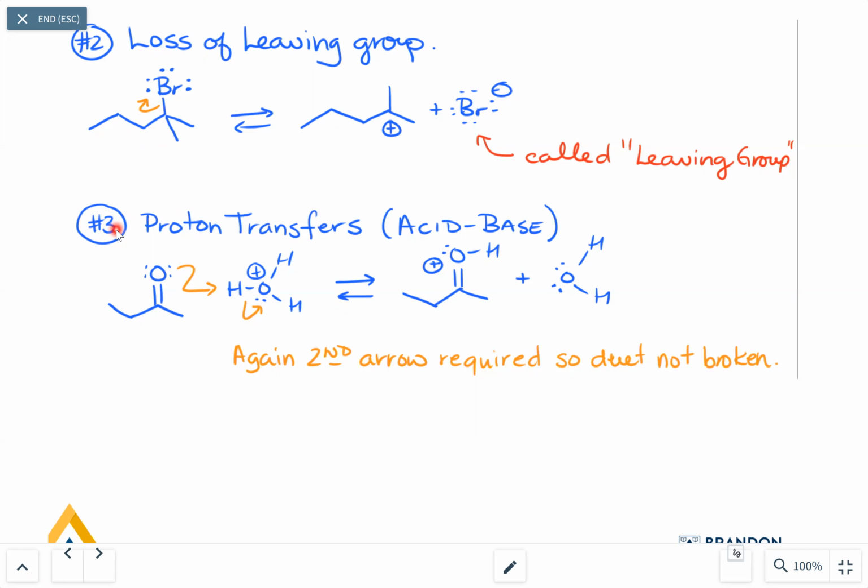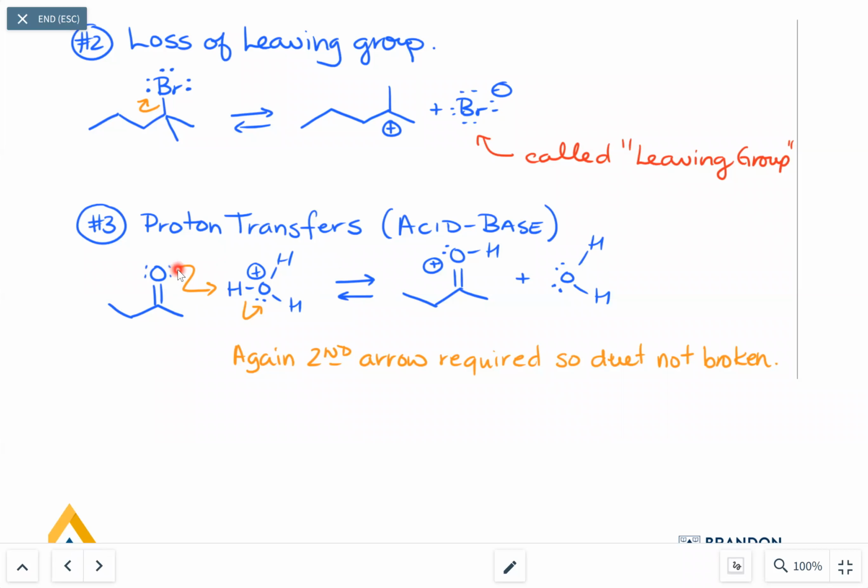The third thing is what we've seen throughout the entire acid-base section, which is just basically a proton transfer or protonation, whatever you would call it. So it's just removing H plus from water to, say, this ketone, and this would be some type of equilibrium here.